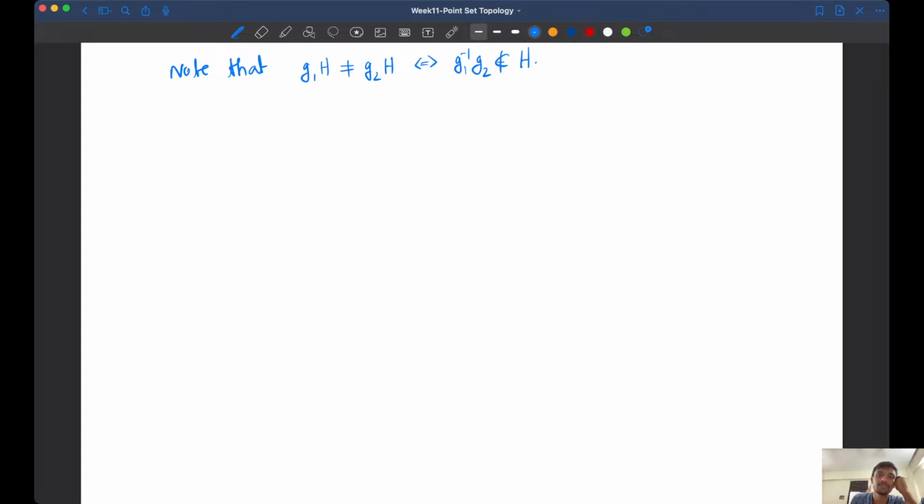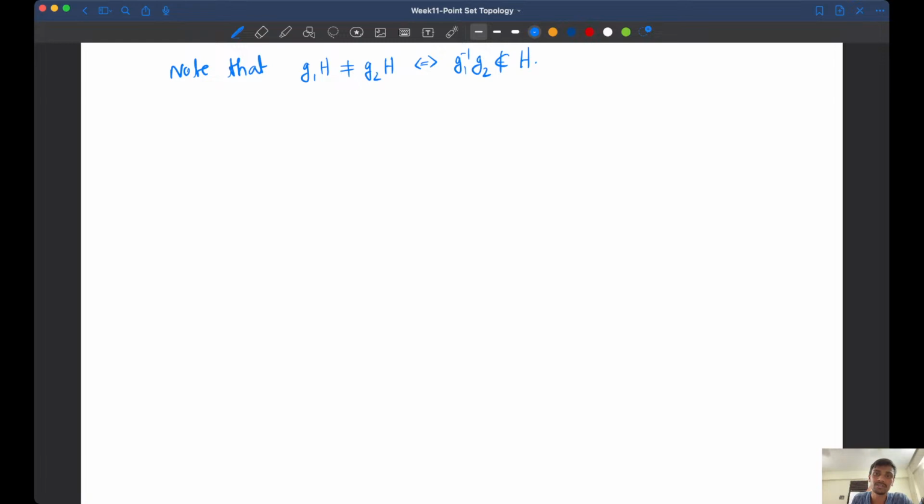Because if it belongs to H, then these two sets become equal. If you pick any element g1h in g1H and multiply by g1 inverse g2, it belongs to some g2h, so g1H is a subset of g2H. Also, if g1 inverse g2 belongs to H, then its inverse also belongs to H as H is a subgroup.